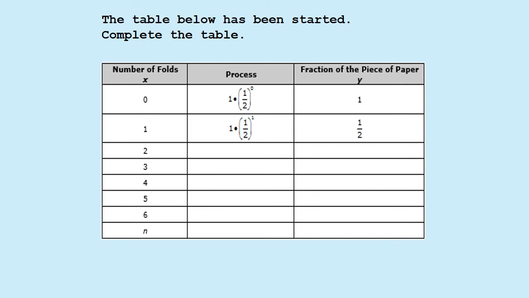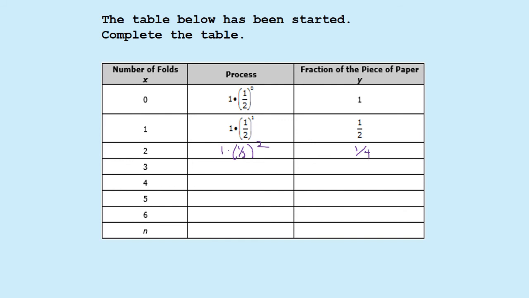Well, now when I fold it one time, I take that one sheet of paper, I fold it in half once, and now each piece is half as big. If I fold it twice, I'm going to have it half twice. So half times half is 1/4.